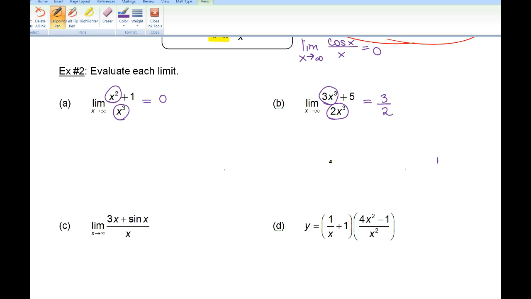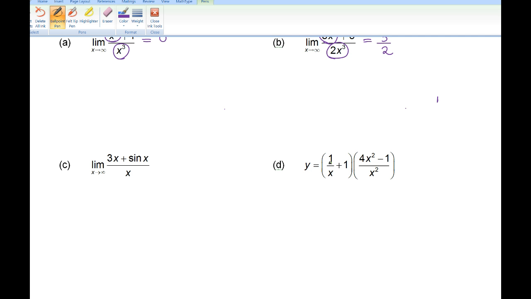One of the things, I know that some people like to think about plugging in infinity, and if that's an easy way for you to remember it. I don't like to say plugging in infinity, because technically we can't, because it's not a real number. But basically, when the degrees are the same, we ignore everything else. It's kind of like they cancel each other out, and we just have the coefficients that we're left with.